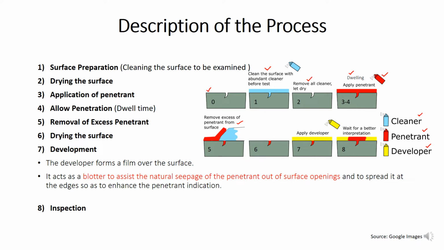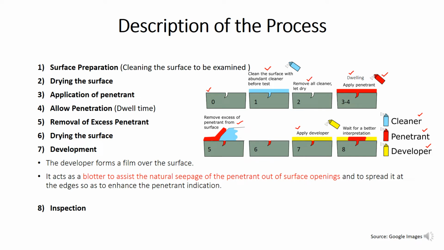Now if we have to locate the flaws, we have to apply a developer which will have the blotting capability. A developer is generally light in color, so that a good contrast will be there with the red color. Here it is shown in yellow color.